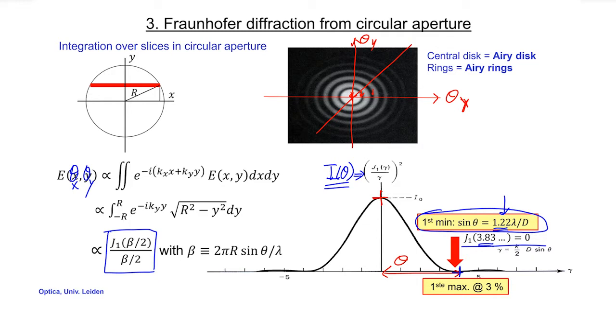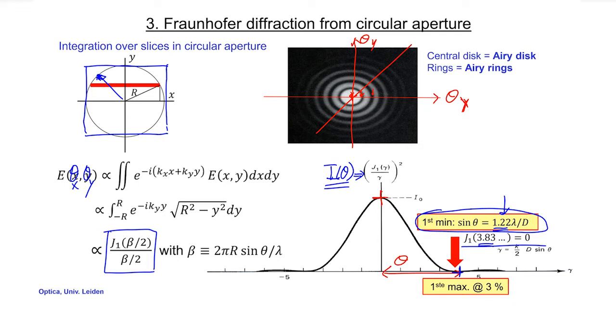And if you want to understand why the diffraction pattern behind a circular hole is bigger than behind the slit, all you have to do is compare in your head the diffraction pattern behind the circular aperture with that of a rectangular aperture of the same size, the same diameter. Then you'll notice that the circular aperture is effectively somewhat smaller.